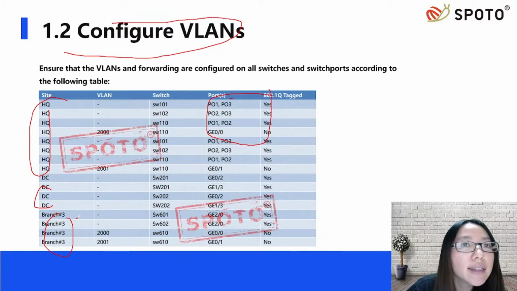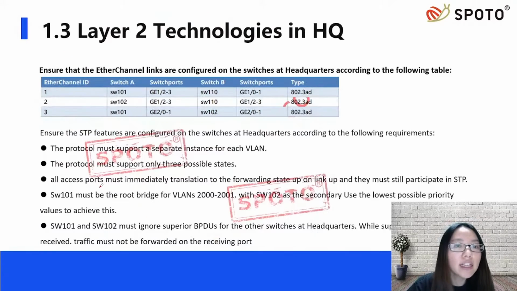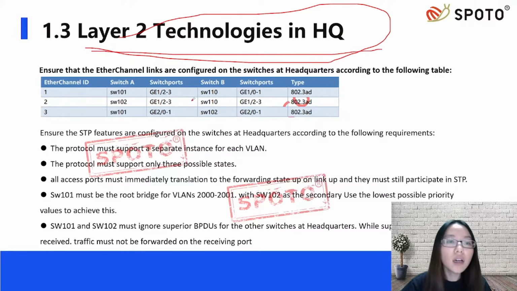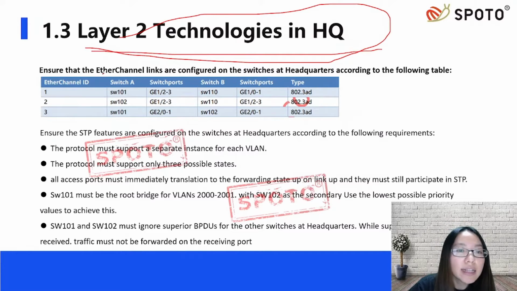Okay, so let's see the next part, which is about our layer 2 technologies in HQ. Let me show you the Ether channel and the STP in the next part. You can see switch 101 and 102, 101 or 110.